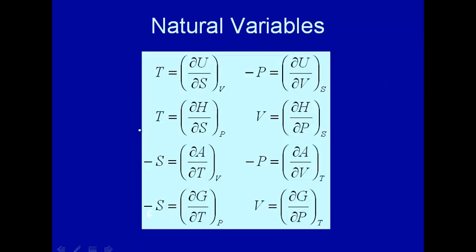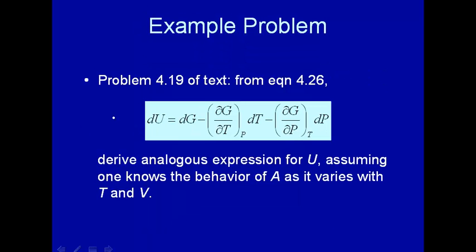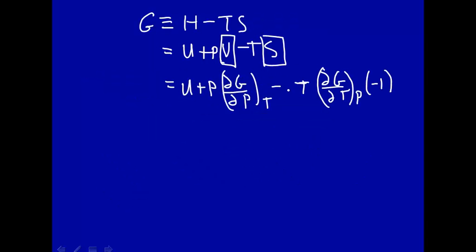So where are we going here? Well, we want to have dU on the left and dG on the right plus derivatives of G. So let's put U equal to G minus P times how G changes with pressure at constant temperature. Let's put the P on the other side to make it easier.